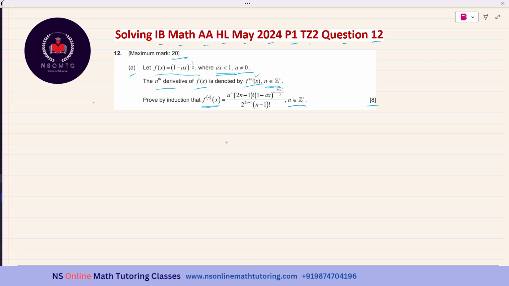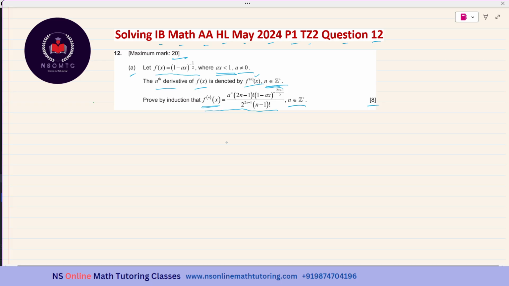Okay, so n is a positive integer and the smallest positive integer is 1. So we will first of all prove that this expression is true when n equals 1. That is, we will be getting the first derivative of f of x.